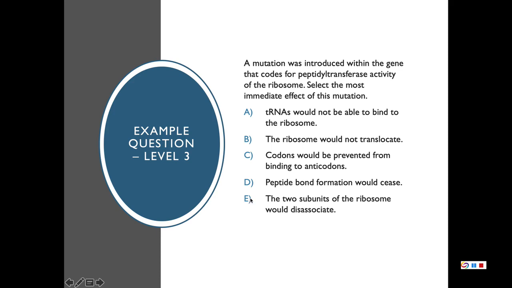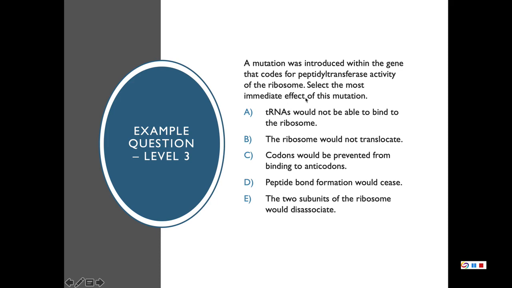And then if we look at answer choice E, the two subunits of the ribosome would dissociate. That would also occur, but much later. And so we'd have a stalled ribosome because peptide bond formation wouldn't occur, and that would mean the ribosome is no longer moving, and there's a specific set of events that occur whenever a stalled ribosome occurs, and one of them could end in the two subunits of the ribosome dissociating and finishing, or not finishing rather, translation.